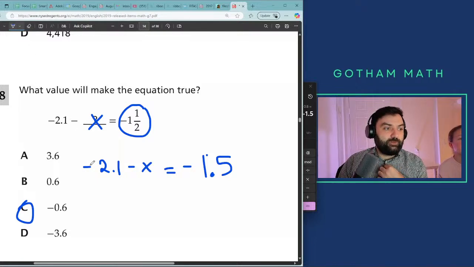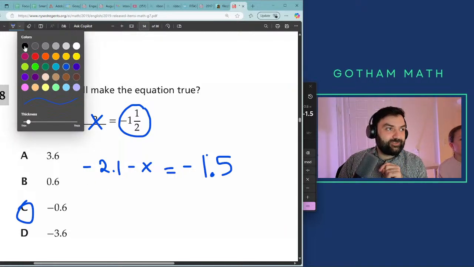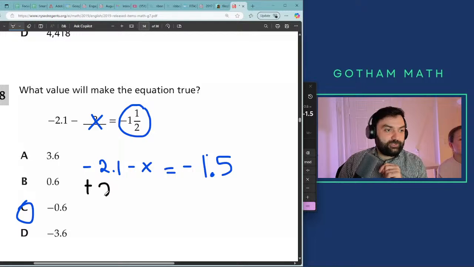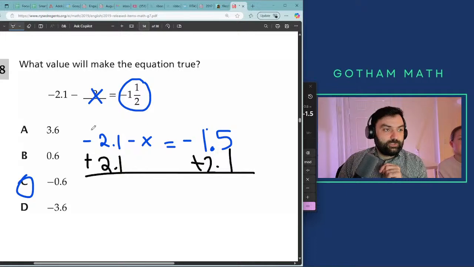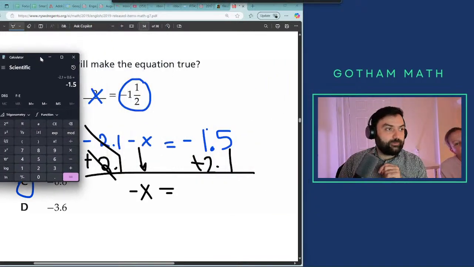Now, how do we do it algebraically? We're going to have to do it in 2 steps. Step 1, get rid of the negative 2.1. How? By adding it to both sides of the equation. Plus 2.1, plus 2.1, right? This cancels out, negative x comes down, equals whatever this is, which we can do on a calculator.